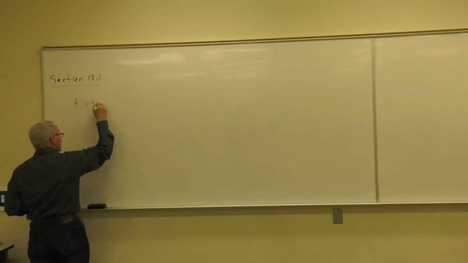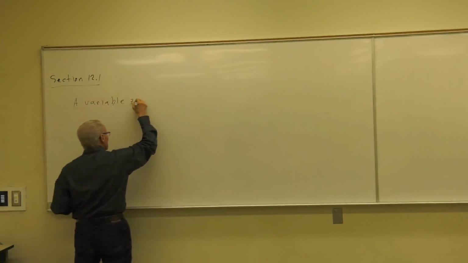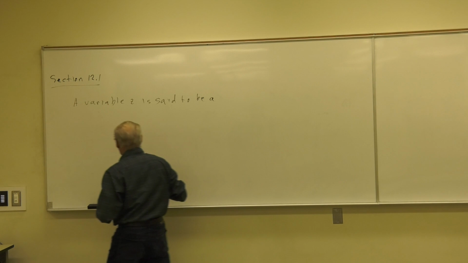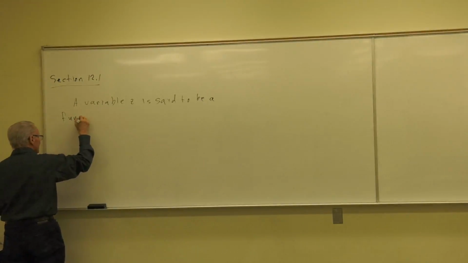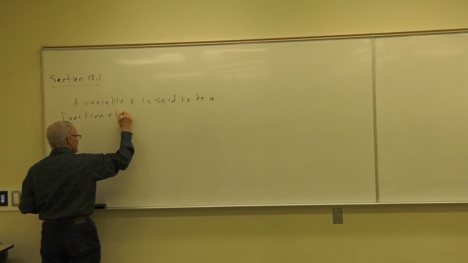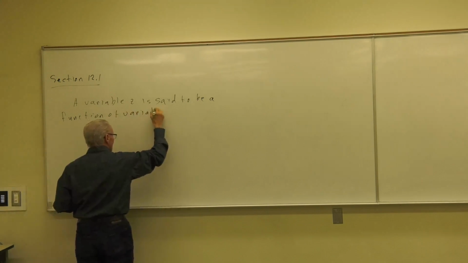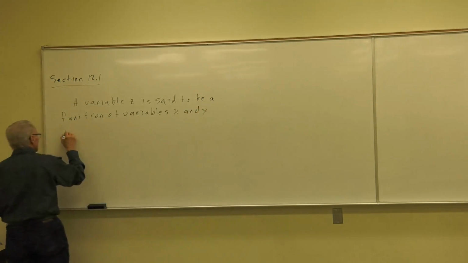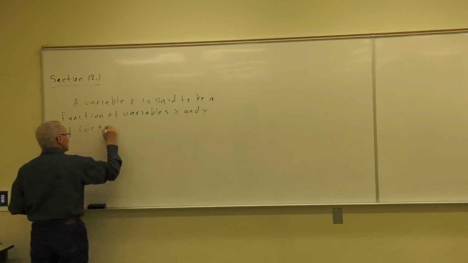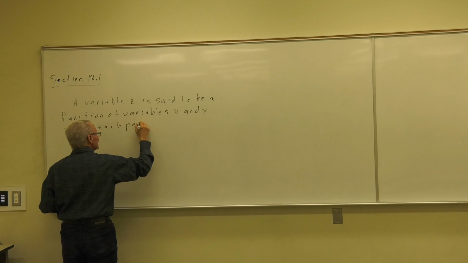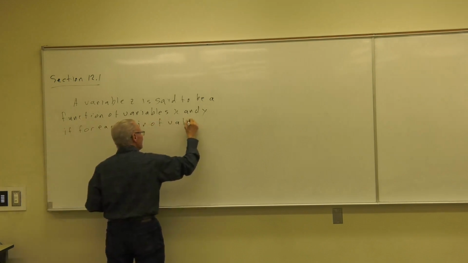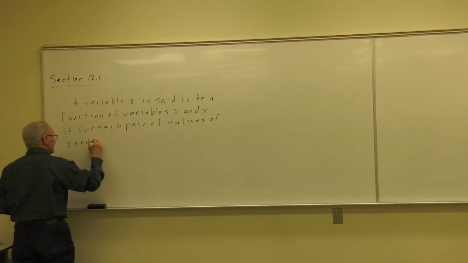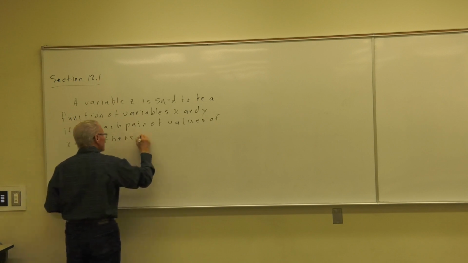A variable z is said to be a function of variables x and y if for each pair of values of x and y, there is a unique value of z.